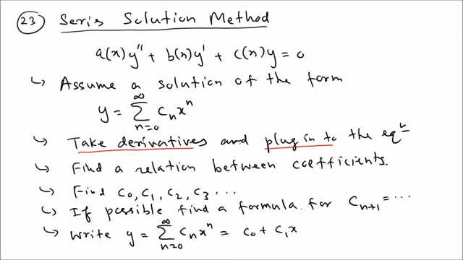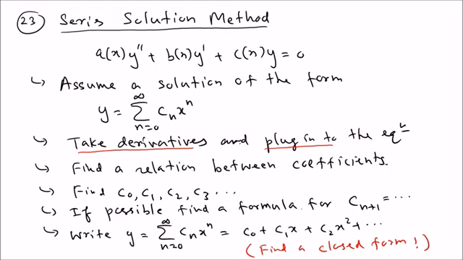So we do that, and sometimes we can see a pattern and find a closed form solution, but that's not always the case. So find a closed form solution, again, if possible. That's not always guaranteed. These are the steps to do a problem.